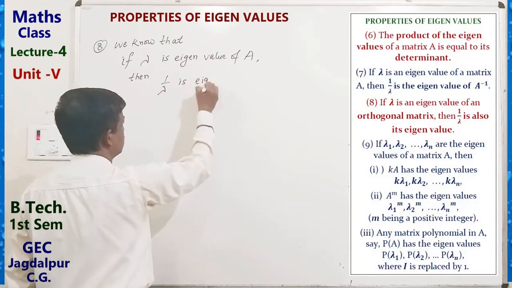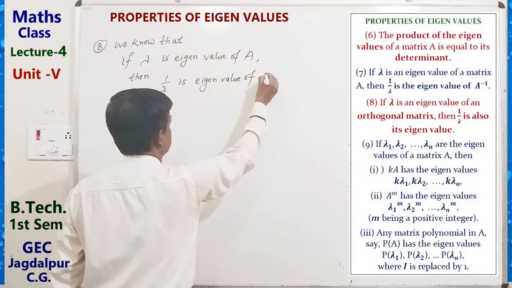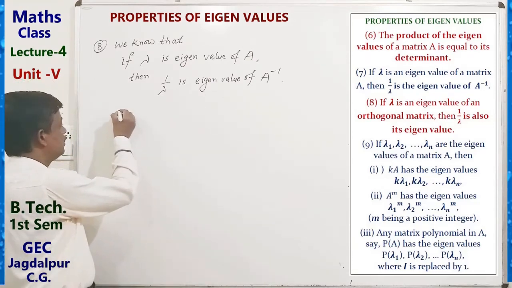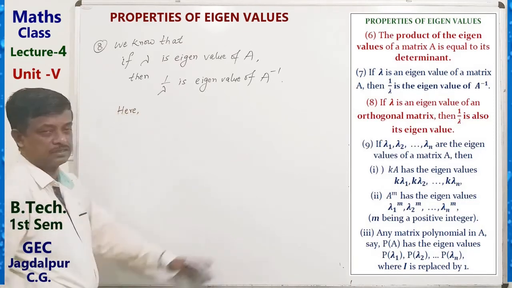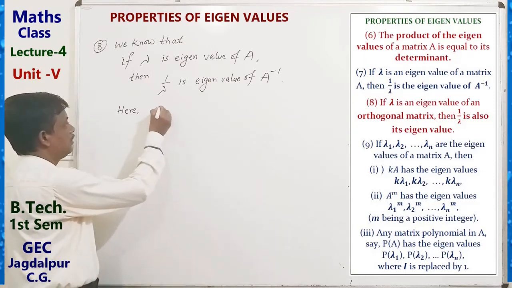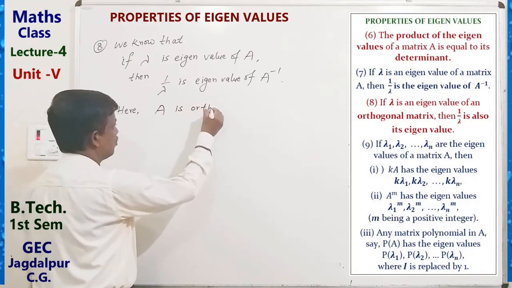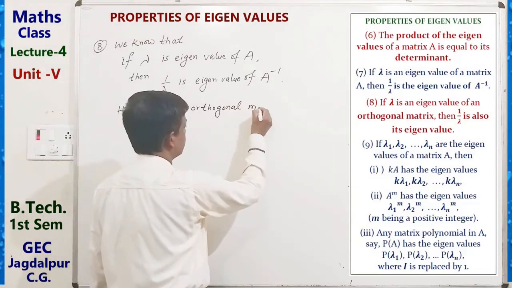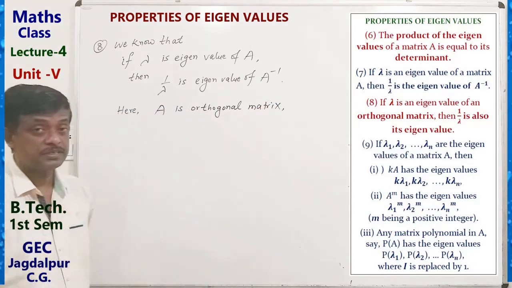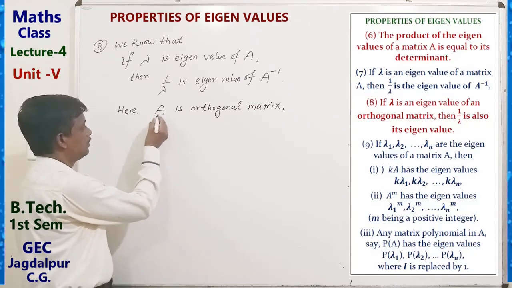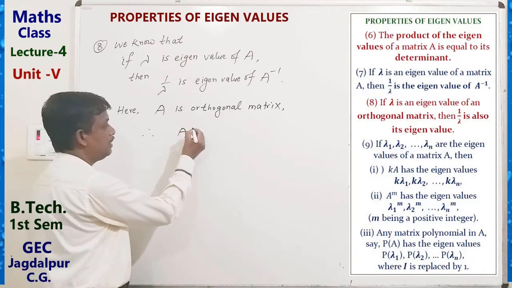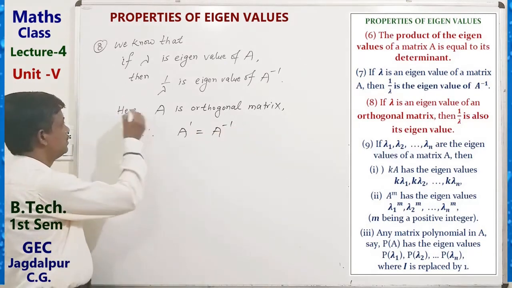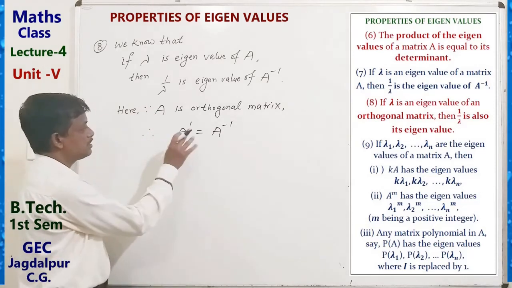Here, in this 8th property, if A is an orthogonal matrix, therefore A dash equals A inverse. Here since A is an orthogonal matrix, therefore A dash equals A inverse, for an orthogonal matrix we know.